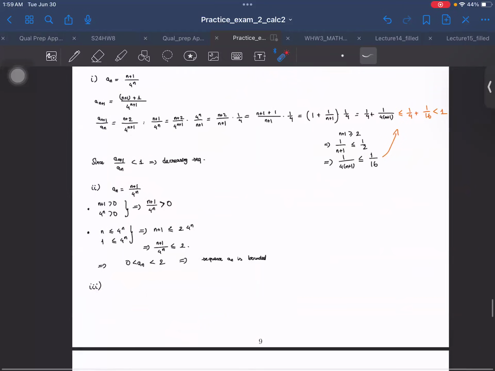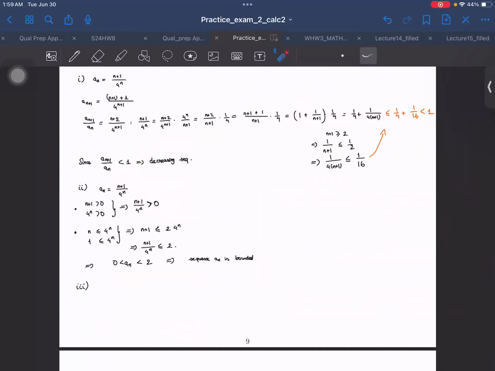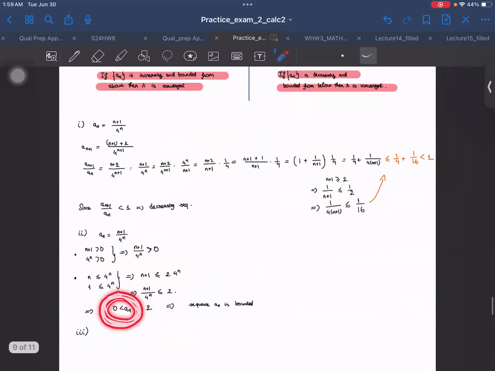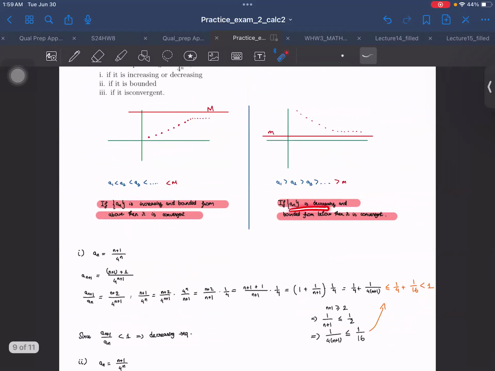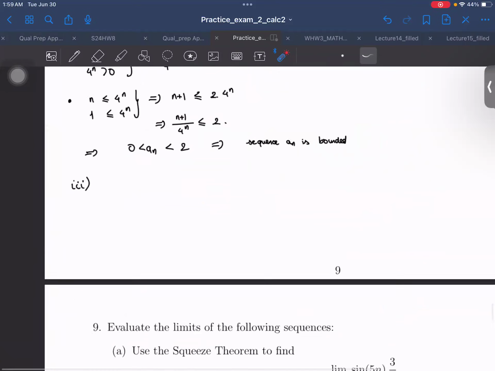So over here, I have shown that my sequence is decreasing, and I also showed that my sequence is bounded from below. Okay, so if a sequence is decreasing and bounded from below, then it is convergent.